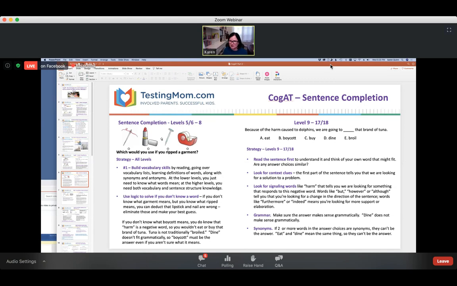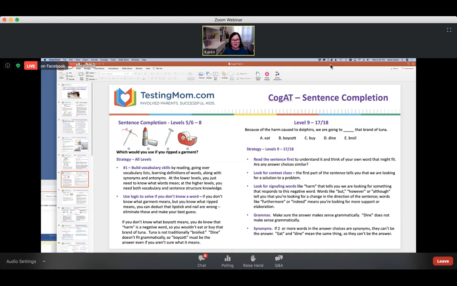So vocabulary is critical for younger kids. As they get older, they need both vocabulary and an understanding of sentence structure, because at the older level they are filling in a word that completes a sentence. So they need to understand all the words in the sentence, all the words in the answer choices, and sentence structure to handle those questions.